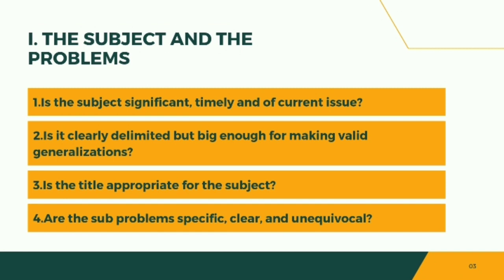Meaning, if you created your general and specific problems, you have to make them specific, clear, asking for something, and not using double-meaning words in your problems, to avoid conflict.